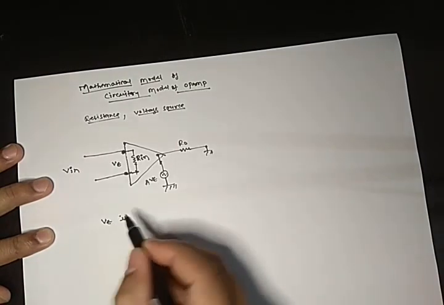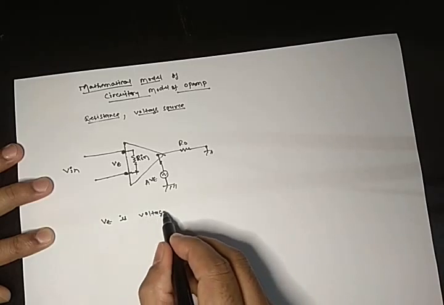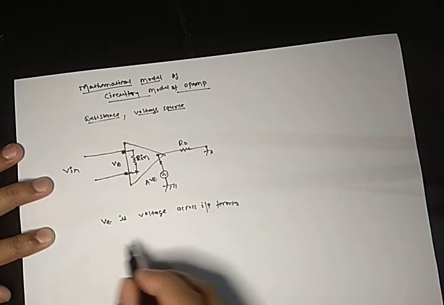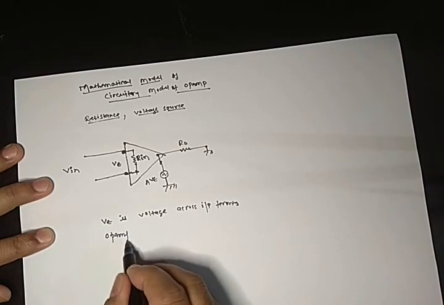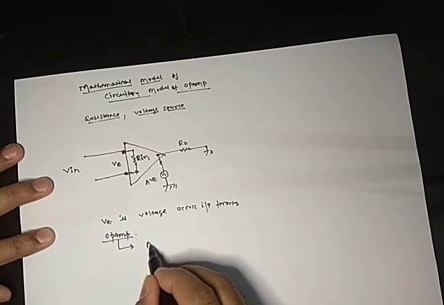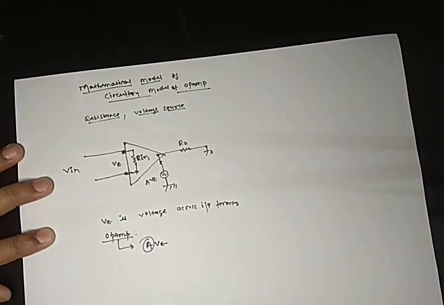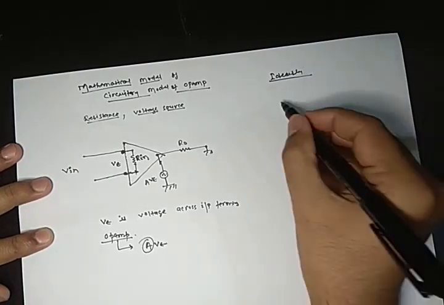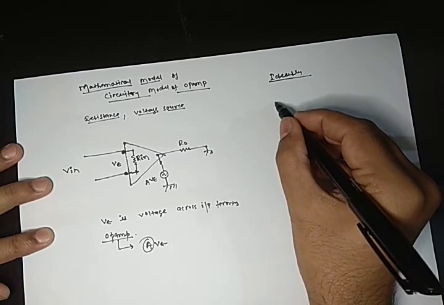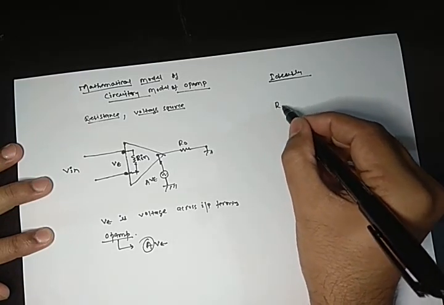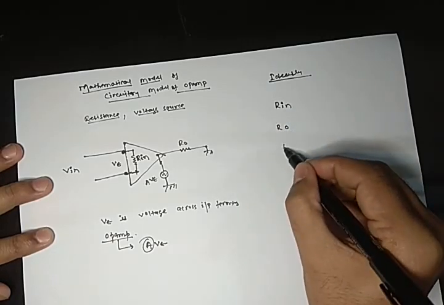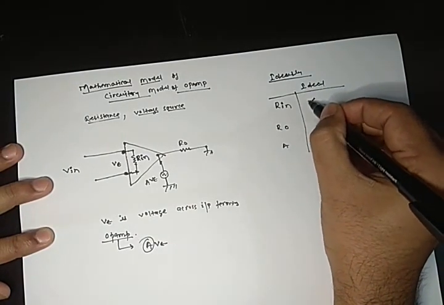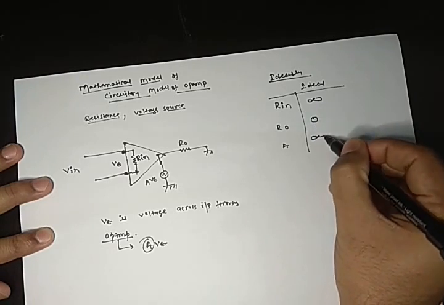V epsilon is the voltage across the input terminal, and what does the Opamp do? It amplifies it by a quantity A. Now ideally we will be taking three terms only right now: R in, R out, and A. Ideal behavior: it is infinity, this is 0, this is infinity.